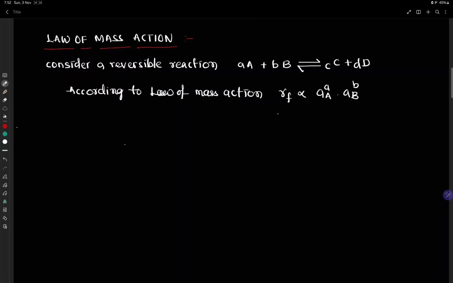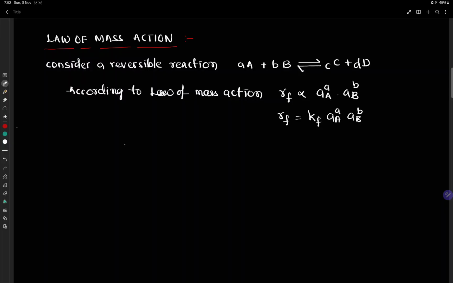By removing proportionality we get a constant, the rate constant small kf for the forward reaction: active mass of A raised to power a moles, active mass of B raised to power b moles.